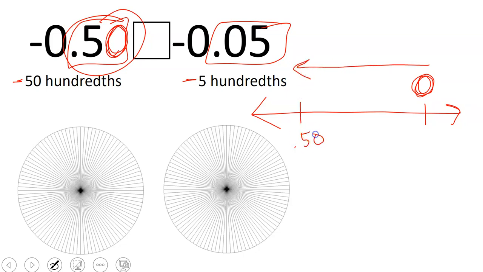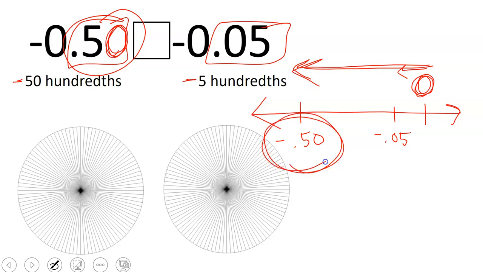Negative 5 hundredths is not much past 0, but negative 50 hundredths is more past 0. So this value is smaller. It's less than. So negative 50 hundredths is less than negative 5 hundredths because it's further to the left on the horizontal number line.